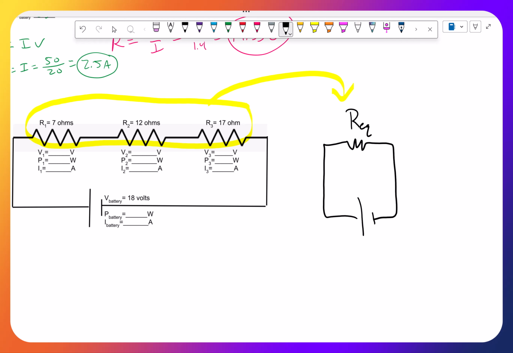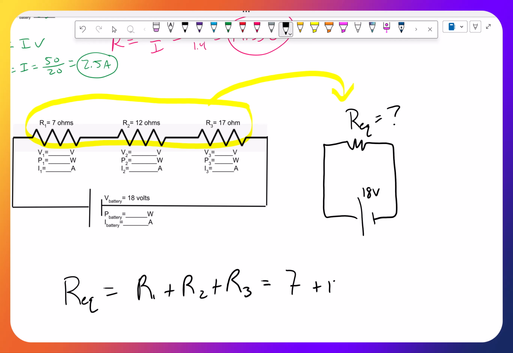So the voltage of the battery is still 18 volts, but what is this equivalent resistance? Well, as we learned in our series investigation, the equivalent resistance for something in series is literally just adding up R1 plus R2 plus R3. And so that's going to be 7 ohms plus 12 ohms plus 17 ohms.